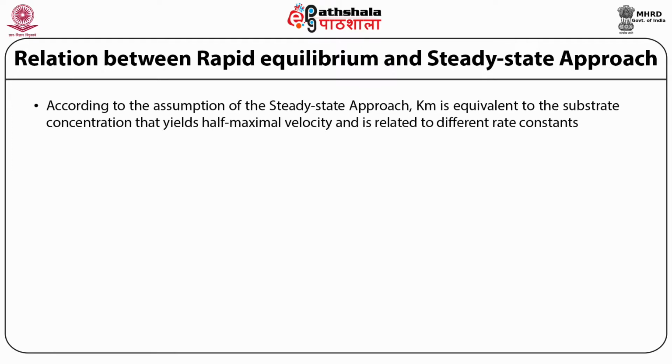Km is equivalent to the substrate concentration that yields half maximum velocity, and it is related to different rate constants. So Km is equal to (K minus 1 plus K2) divided by K plus 1. If you solve this, it becomes Km is equal to K minus 1 divided by K plus 1, plus K plus 2 divided by K plus 1.